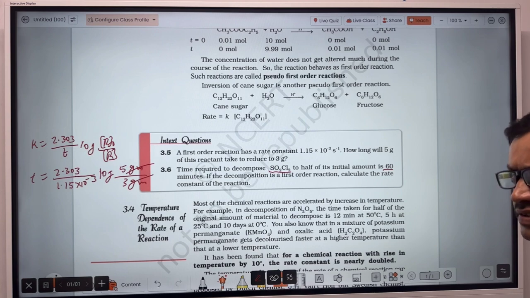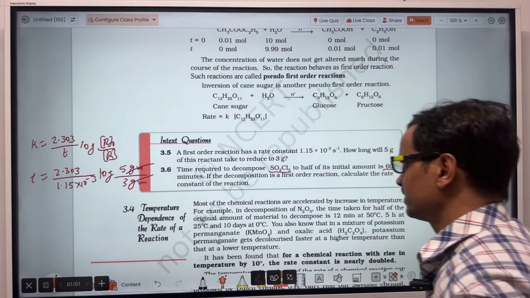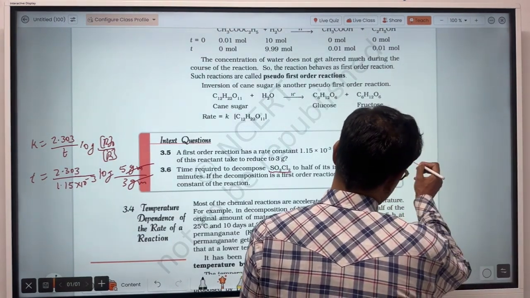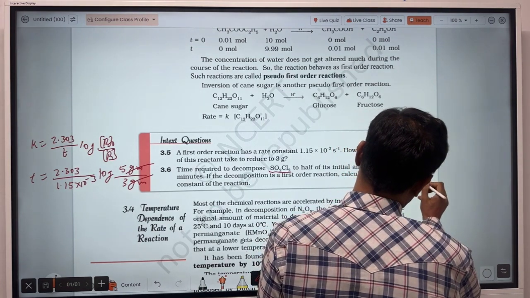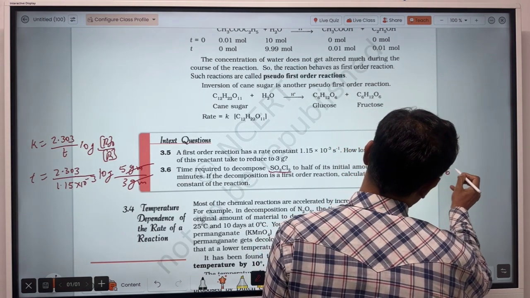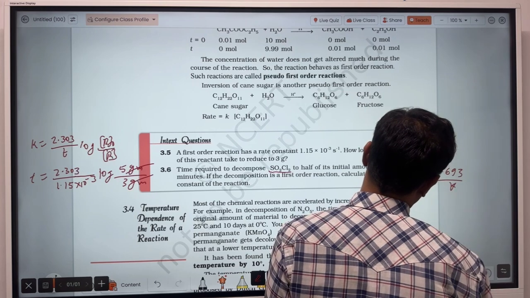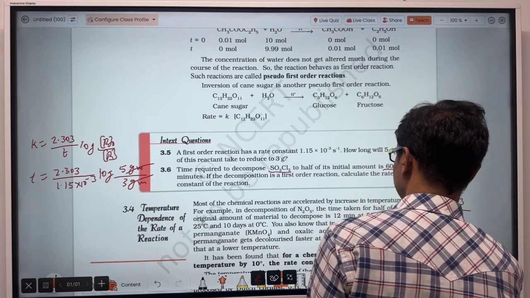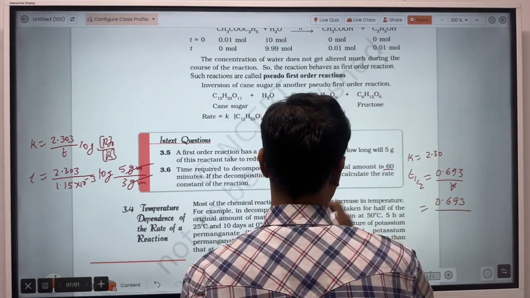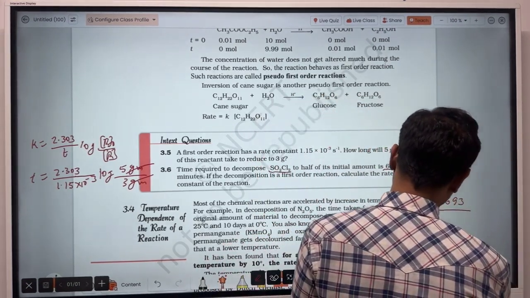What is its rate constant? That you have to calculate. So you already know T half is equal to 0.693 upon K. T half is given, so K you can find out.